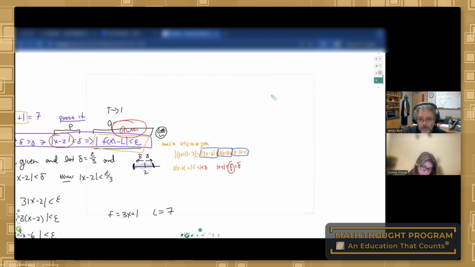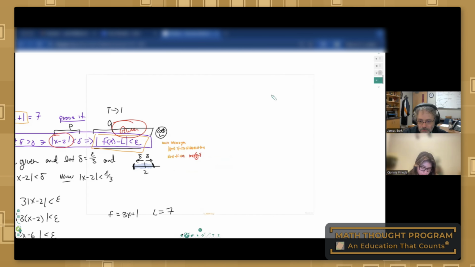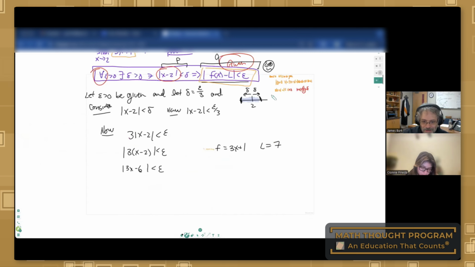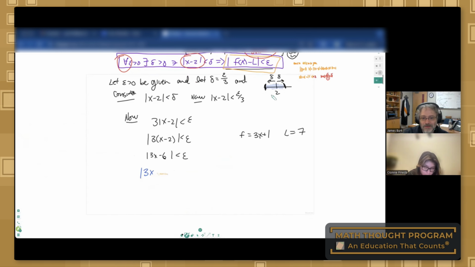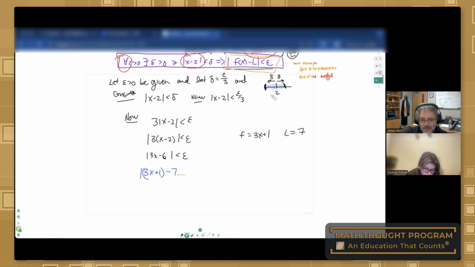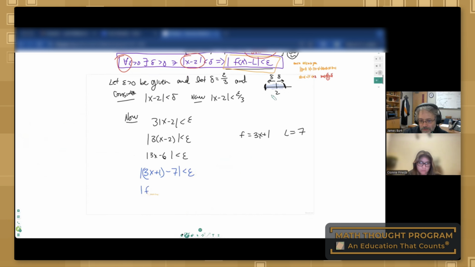Oh, I just have to do that. So we take it, zip it back tight again, repackage it, and I can say this. And we have the function minus L is less than epsilon.